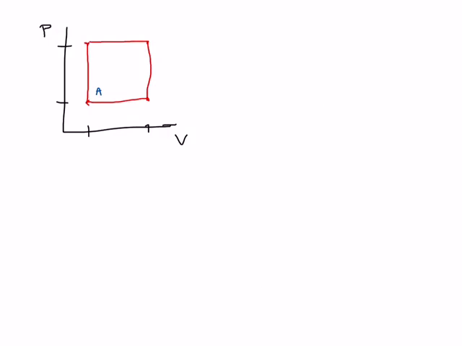So A, B, C, D, and we go around in that nice little cycle. And our axes are not numerically labeled, but they're relative labels, I guess, right? 3 P0, P0, V0, and 4 V0, right?